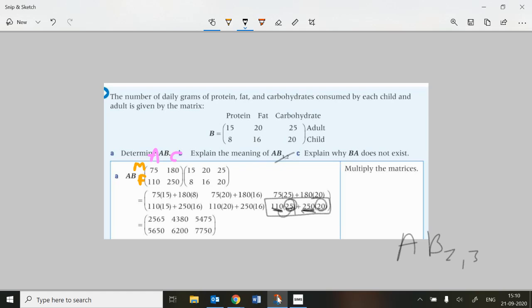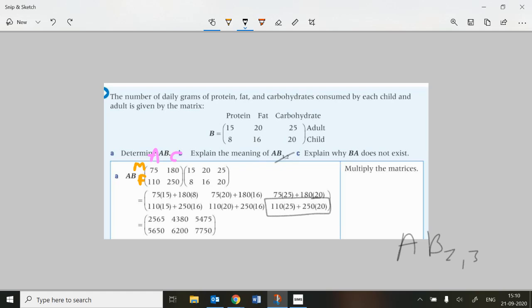So the women, the female adults, are having 25 grams of carbohydrate each, and then 250 girls are having 20 grams of carbohydrate each. If we sum those things, we're getting the total amount of carbohydrate for all of the females, so for the girls and for the women.